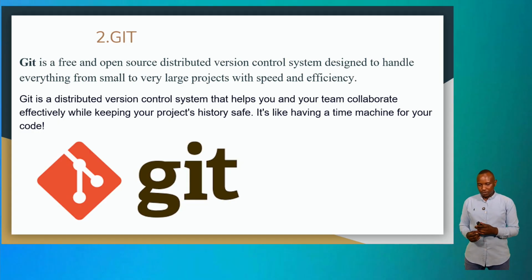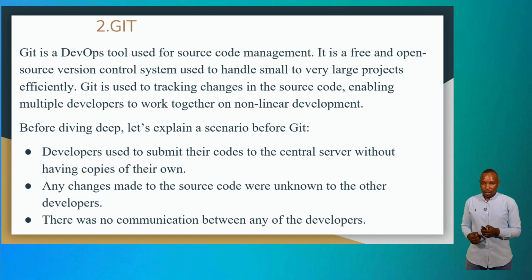What you need to remember is that Git is the application software we will need when we perform version control. Git is a DevOps tool, and it is used for source code management.